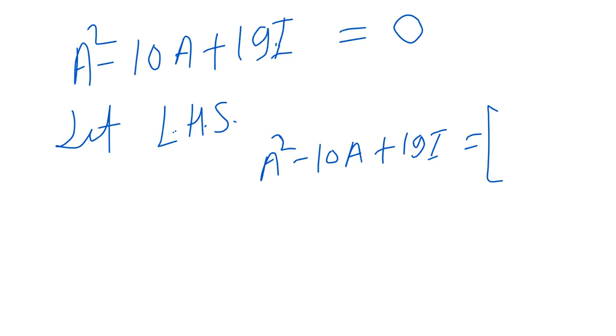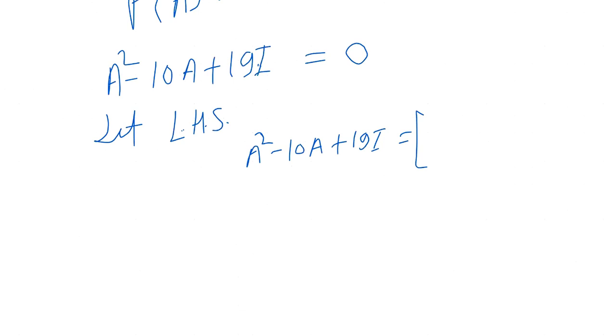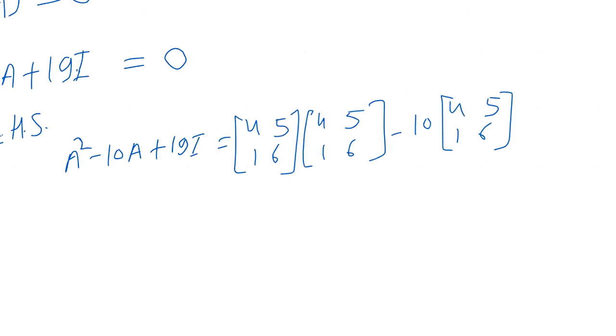A is 4, 5, 1, 6, into 4, 5, 1, 6, minus 10 into A, where A has elements 4, 5, 1, 6, plus 19 into the identity matrix.